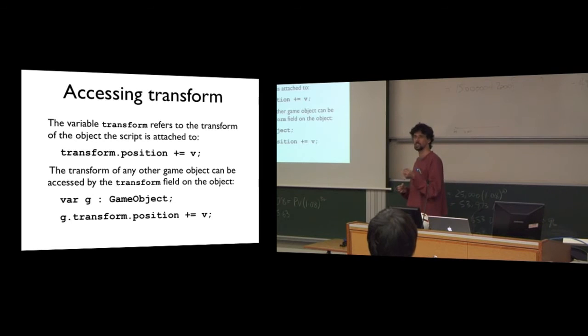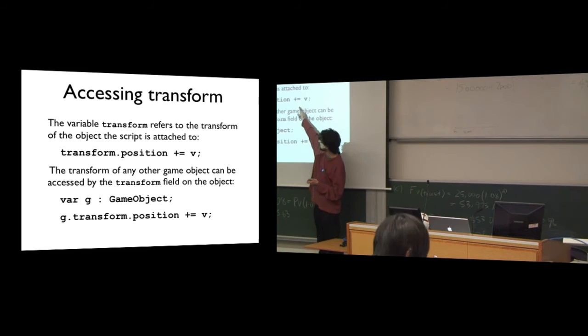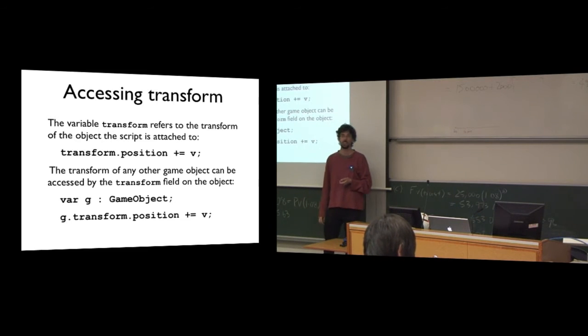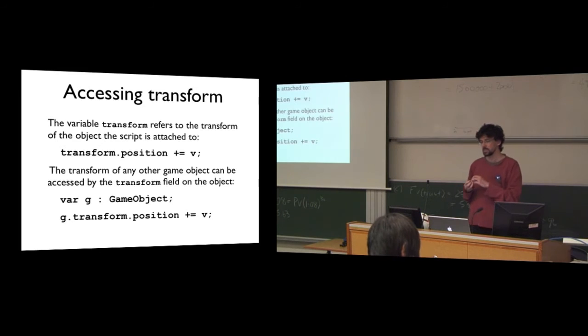So if I just want to move the object that the script is currently attached to, I can take the transform.position and I can add my vector to it. And here we're using that shorthand notation, which is you take the old value, you add v to it, and then you assign the new value to it. So we can move an object by adding something to its transform.position.